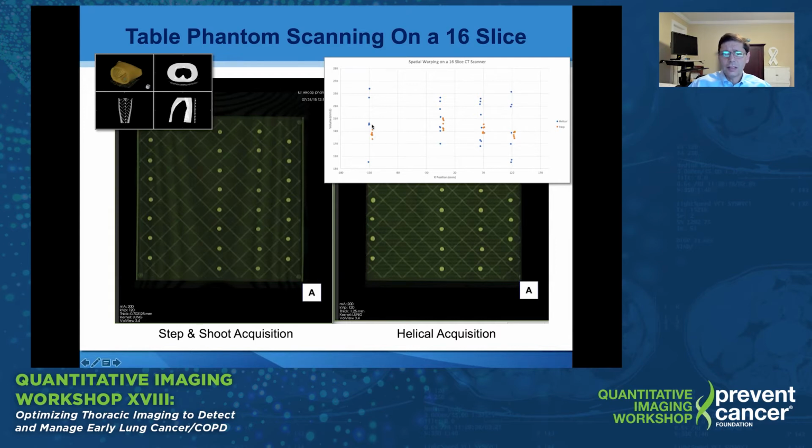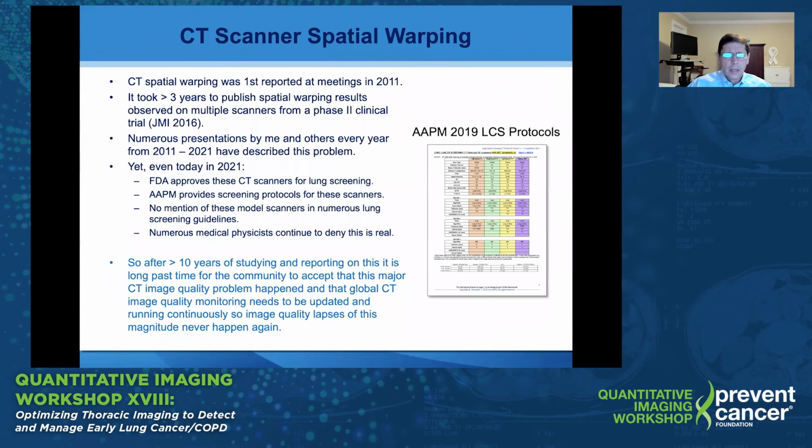So you can see the tightness of the samples, the volume measurements when you use step and shoot versus when you use helical scanning. And this represents a 33% change in volume of these 6 millimeter by 6 millimeter diameter and height cylinders that you see here. So we definitely have a major problem here with this type of scanner, and it really shouldn't be used for lung cancer screening, especially for large patients.